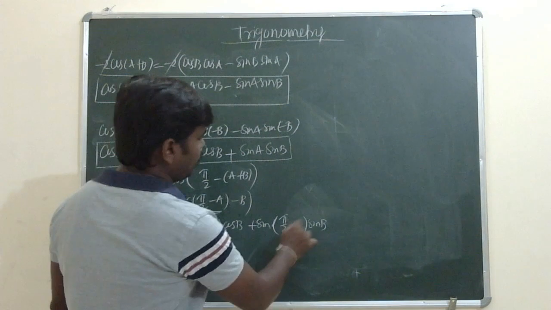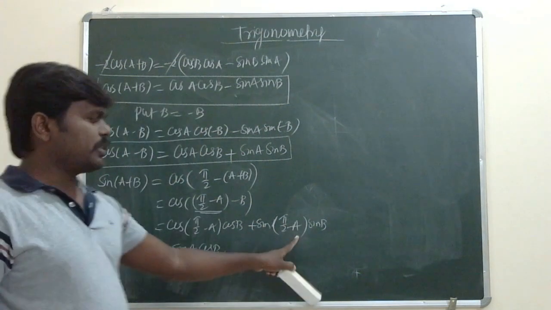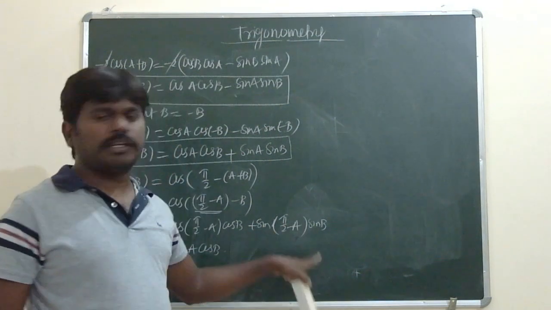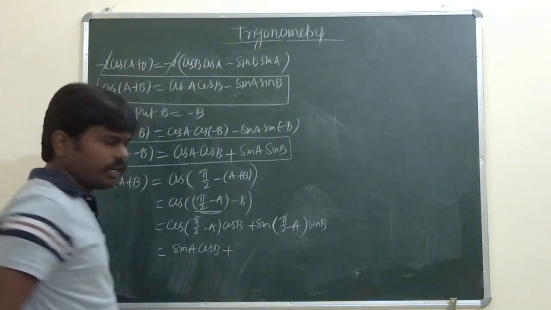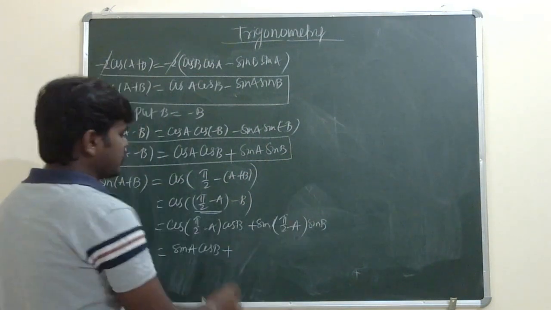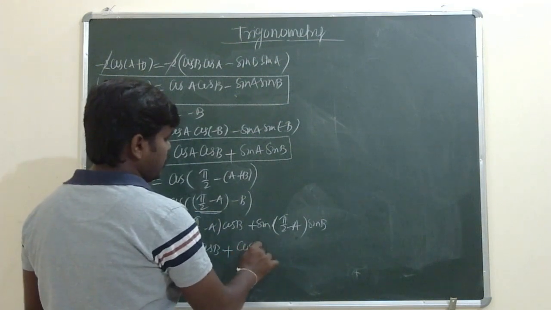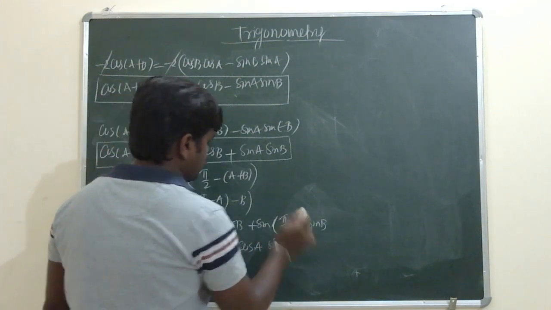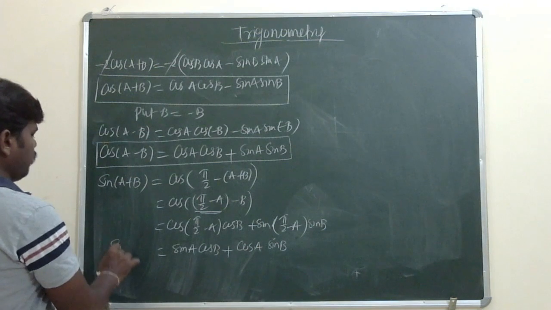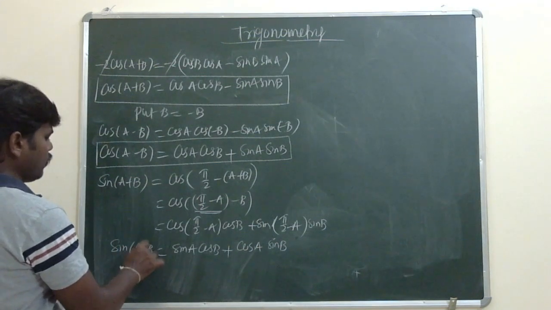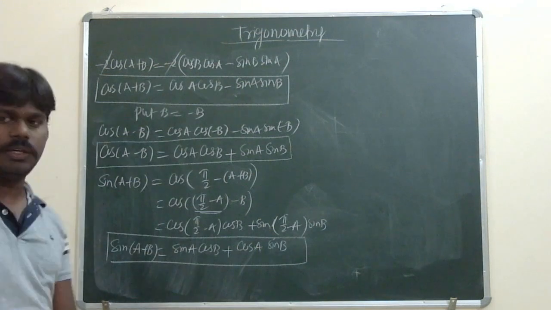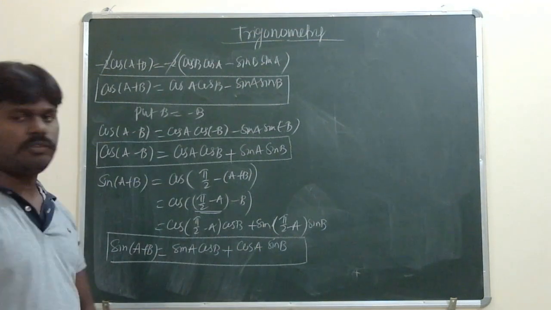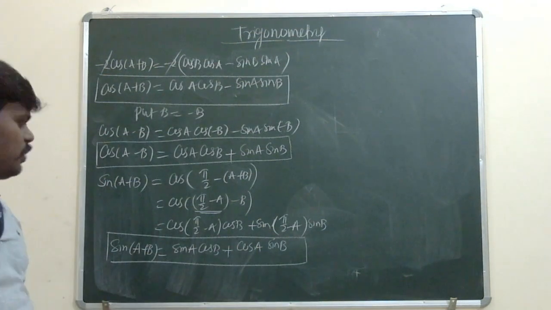And sin(π/2 − a), sin(90 − θ), is again in the first quadrant, and sin becomes cos, so cos a sin b. So sin(a + b) = sin a cos b + cos a sin b. This is the expansion, or the proof, of the sin(a + b) formula.